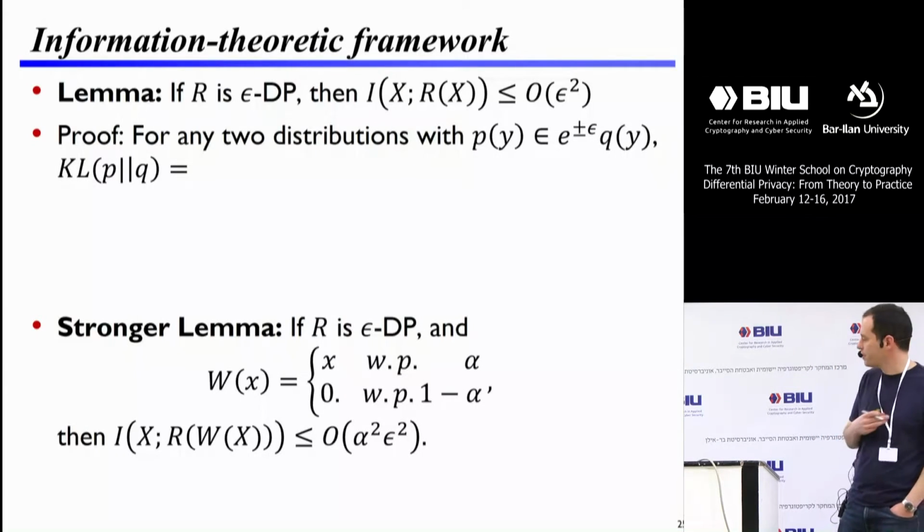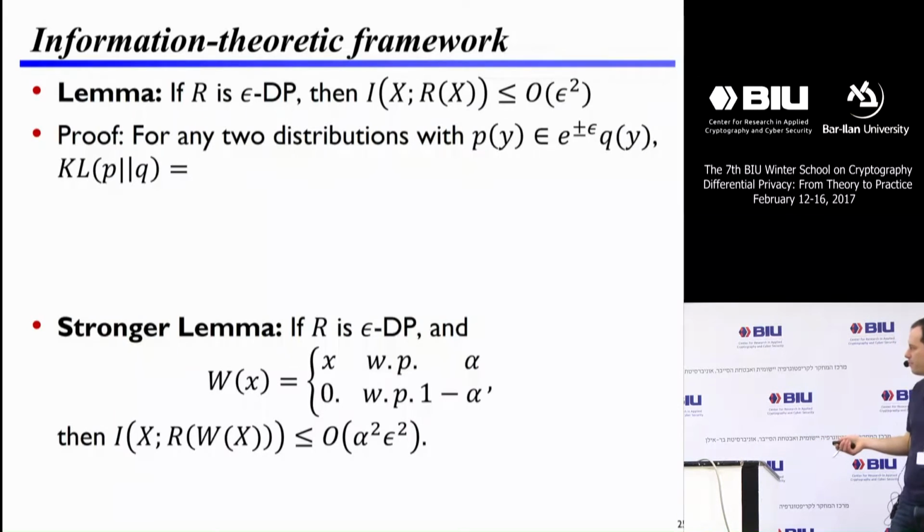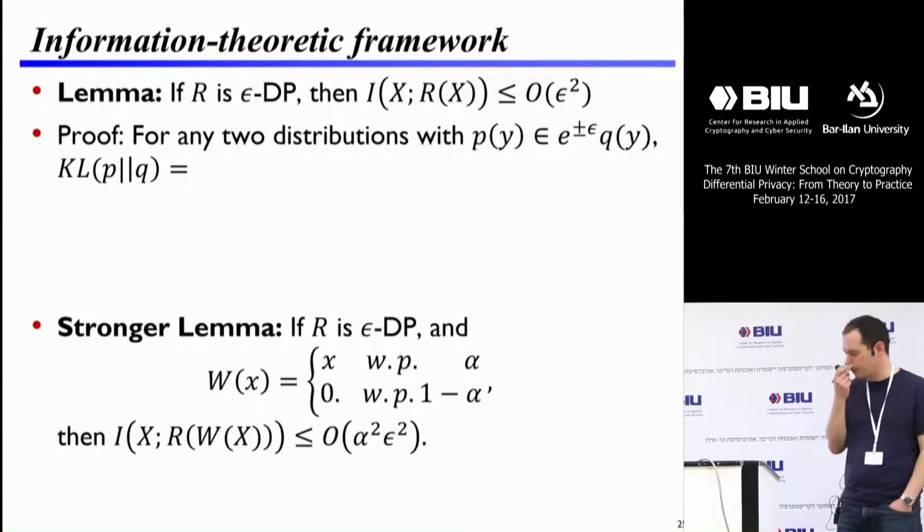You can prove this statement in general, and it goes by some bound on the KL divergence between distributions that are close in the sense of epsilon differential privacy.